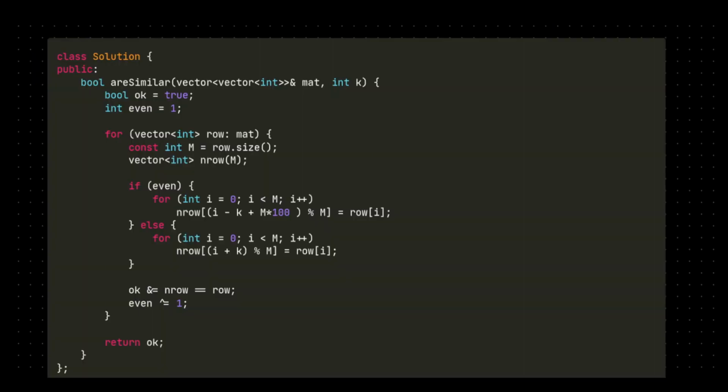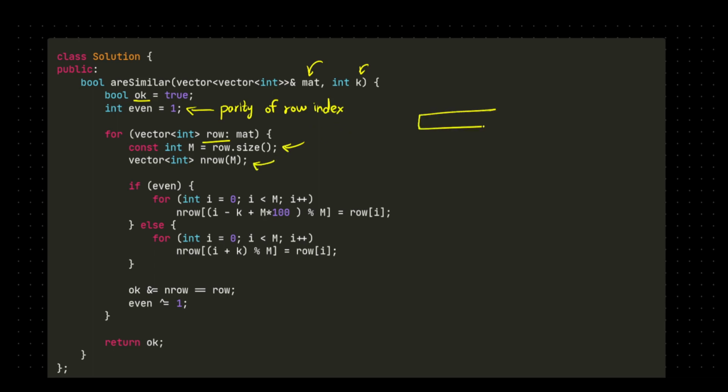Let's go with the implementation. We input the matrix as a two-dimensional vector and input k. We initialize ok, which is the final answer, and we also keep track of the parity of the row index. Next, we go over all the rows in the matrix. We find out the size of that row, and we create the row which will be generated after performing the cyclical shift.